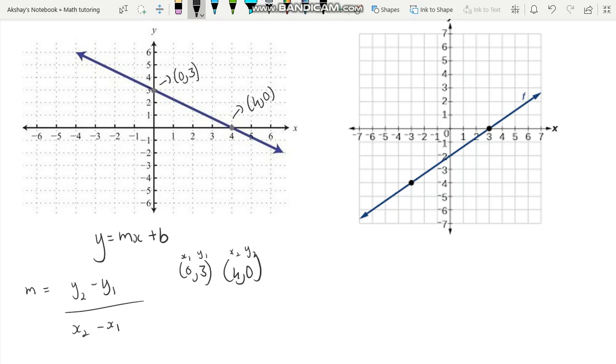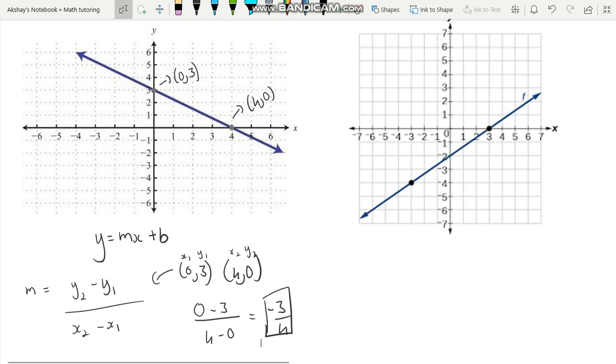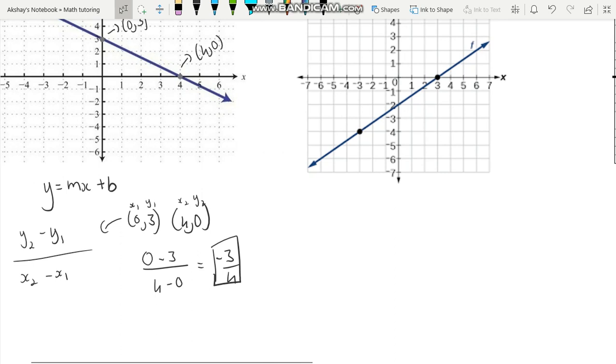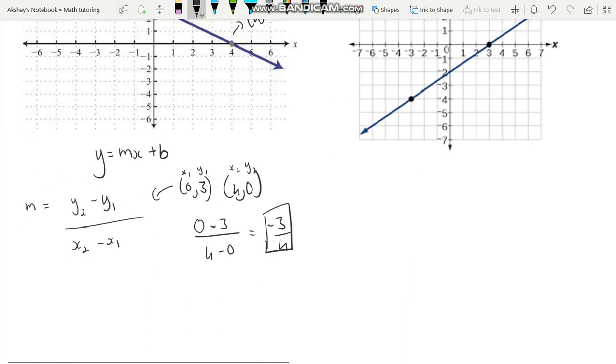Now we can plug that back into my formula here. y2 is 0, y1 is 3, x2 is 4, x1 is 0, hence I have negative 3 divided by 4. My slope is negative 3 over 4, or my rise over run. So my rise is equal to negative 3 and my run is equal to 4.